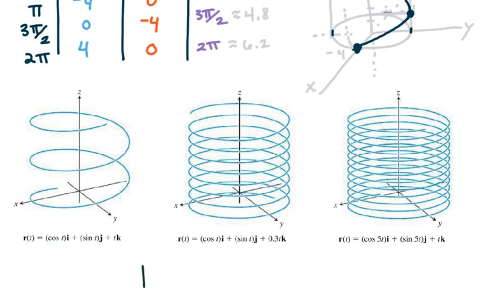You notice a very similar patterning for all 3 of these, A, B, and C. Cosine and sine have the same arguments and the same coefficients, and then we have a linear parametric component on k.